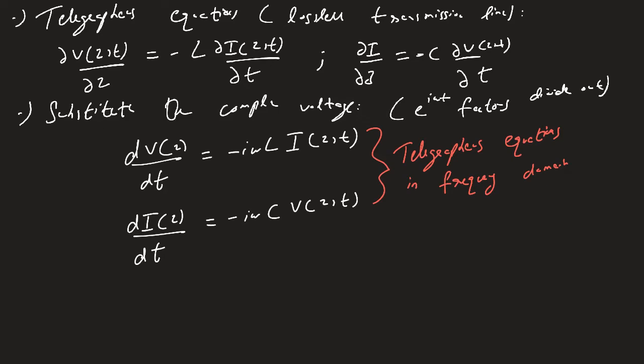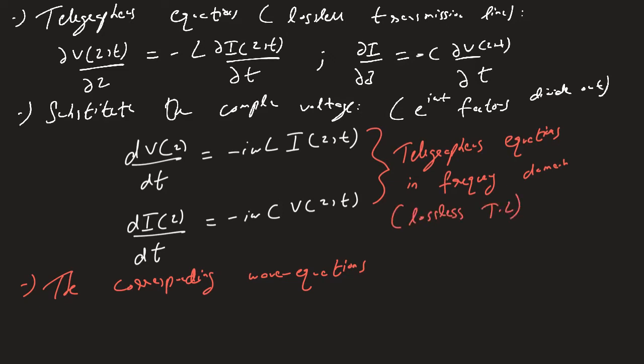And once again you can do what we did last time by taking derivatives and then substituting. So these are the Telegrapher's equations in the frequency domain for a lossless transmission line, and these are two coupled first order differential equations.